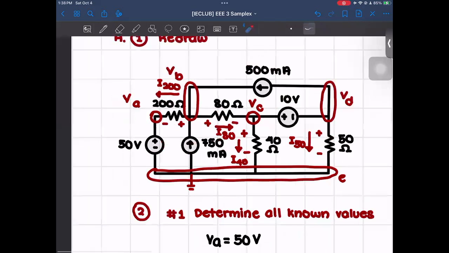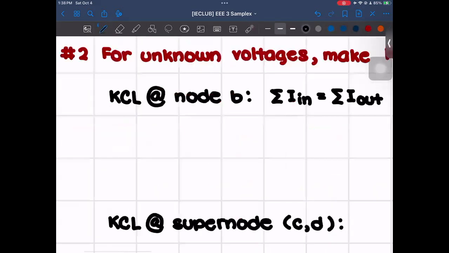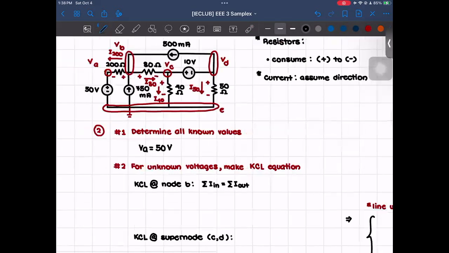So if we were to just write that down, for the in, that would be 750 times 10 raised to negative 3, since it's mA, plus 500 times 10 raised to negative 3, and then equal that to I200 plus I80.